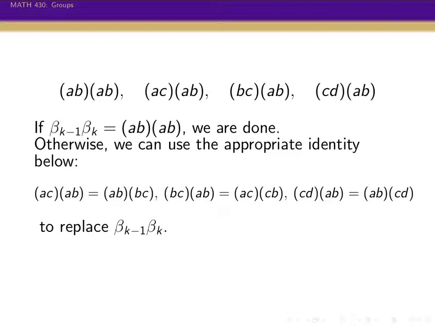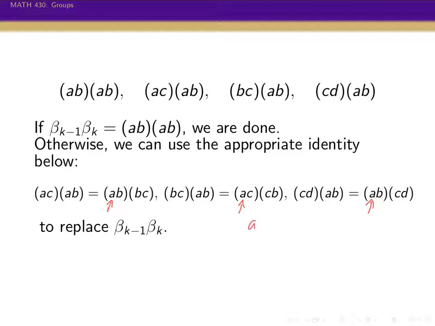The important thing is that in each of these identities, A is only appearing in the leftmost, where beta k minus 1 was, and is no longer appearing higher up. And so we have moved this smallest entry over to the left.